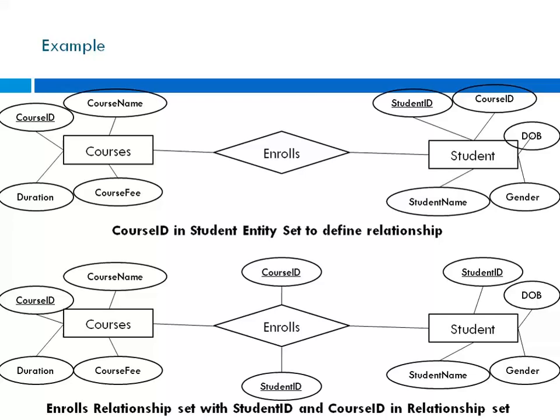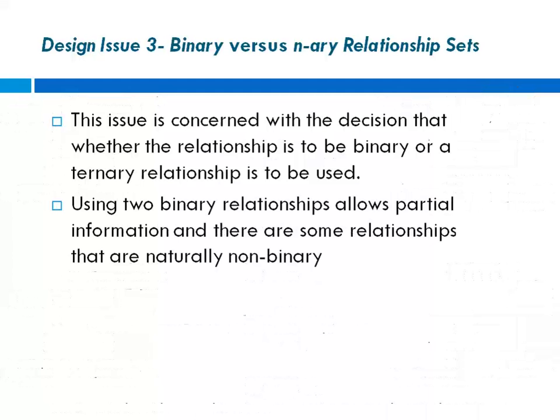So enrolls can be a relationship set with information about the course and student by taking the course ID and student ID. In the first diagram, the course ID is added in the student entity set to define the relationship, whereas in the second diagram the relationship set is defined with student ID and course ID as a separate relationship set to emphasize what kind of relationship these two entities have, and this can be taken as a separate relationship set with its attributes.